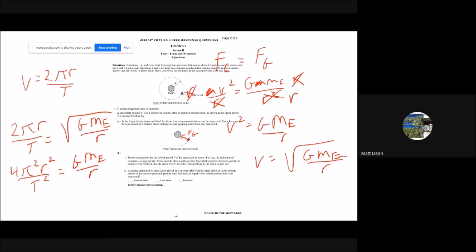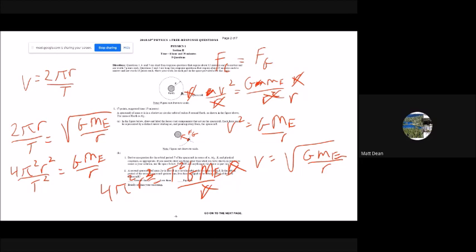I'm going to multiply both sides by T squared, so it's going to cancel over here on the left, and multiply over here. Okay, now I've got to get rid of the r on the bottom, so I'm going to multiply both sides by r again. This is going to become r cubed, and it's going to cancel over here. And then I'm going to divide by G M_E.